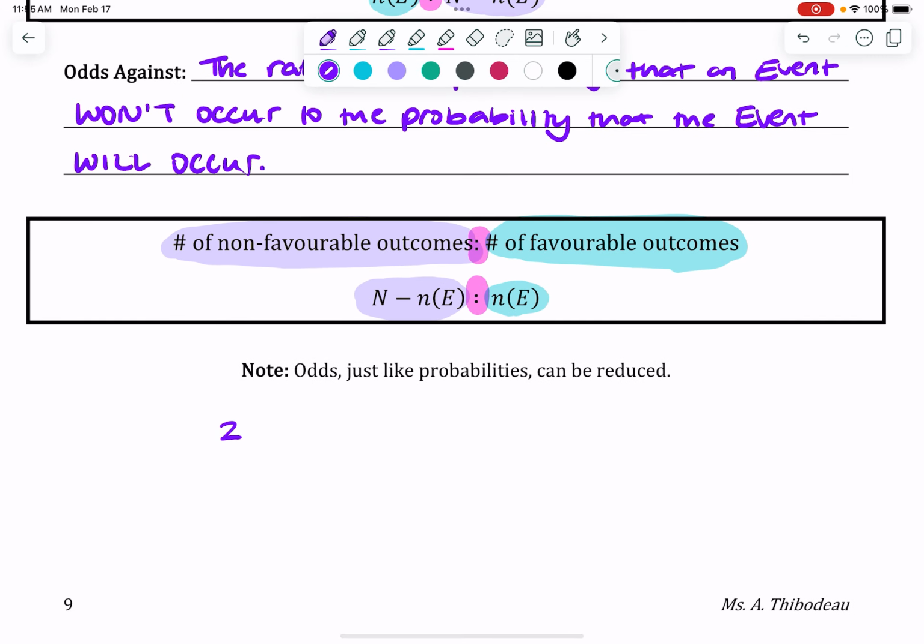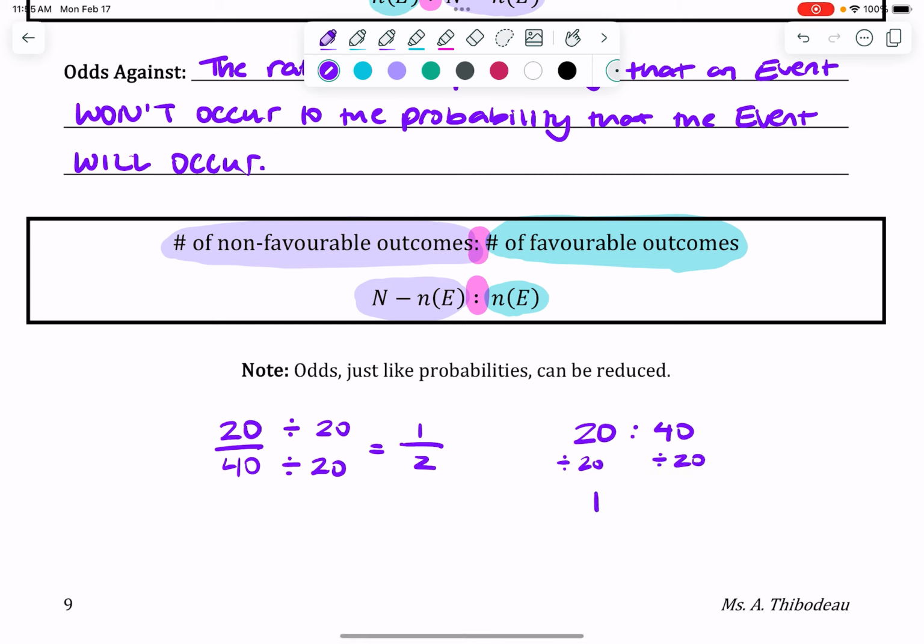So if I had 20/40 as a fraction, I could divide top and bottom by 20, and I get 1/2. Same idea if I have 20:40 as a ratio, I can divide both sides by 20 to get 1:2. So something to just keep in mind.